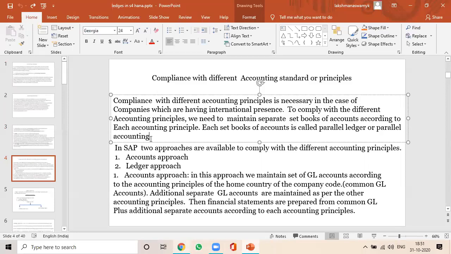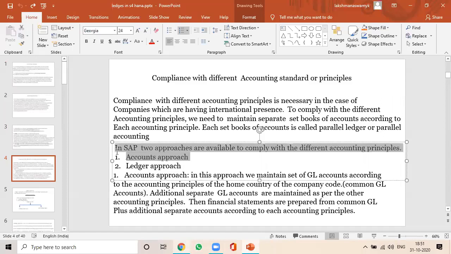So in SAP, in order to meet these accounting requirements, we have two approaches. One is the accounts approach. This is also available even in ECC. So till now, it has been a general discussion regarding accounting principles and why we have to maintain different sets of books of accounts.